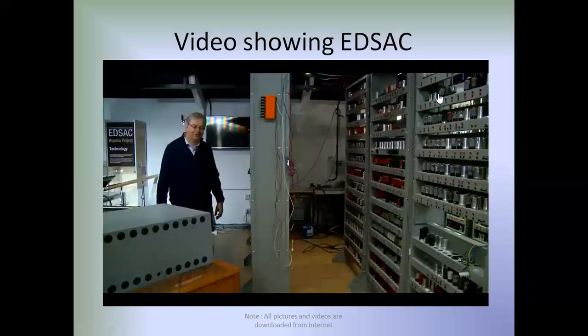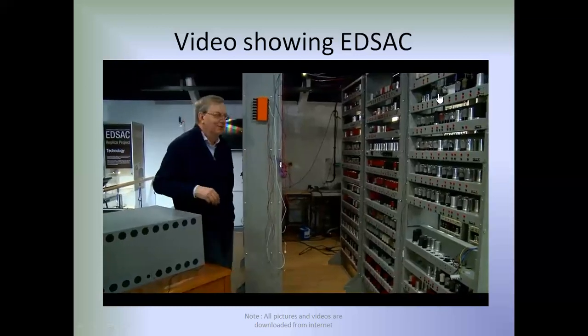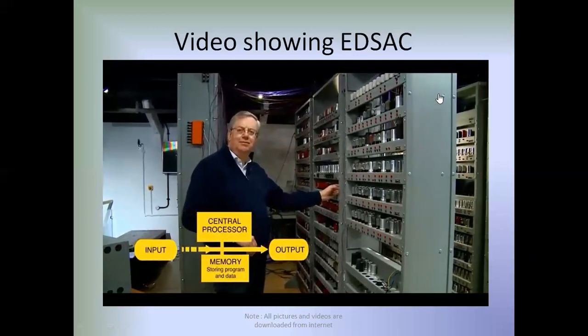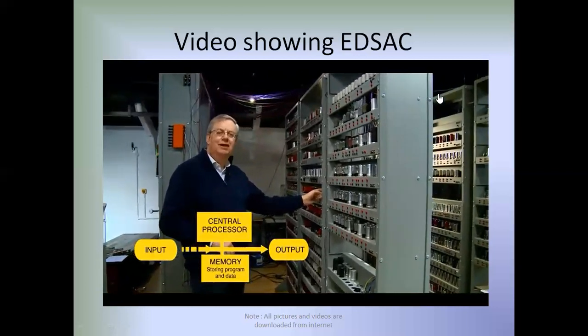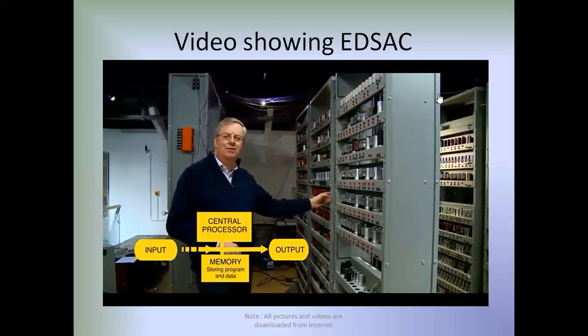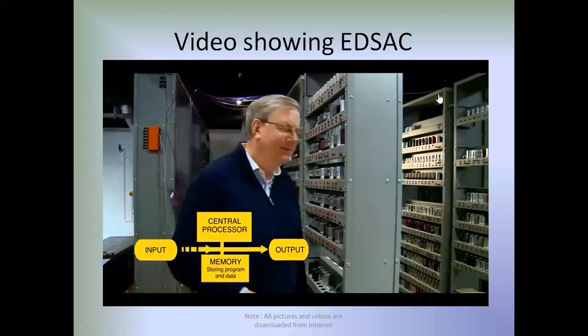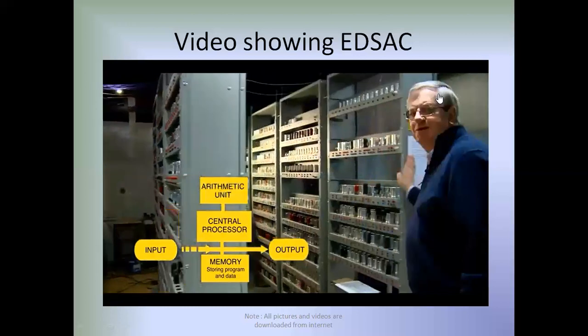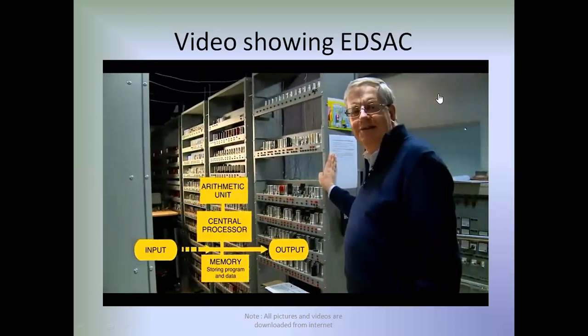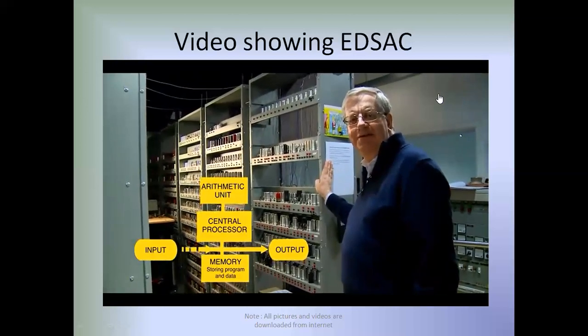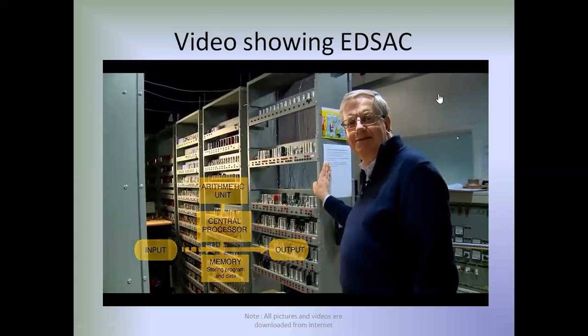Let's move from the front of the machine to the next row, which is called main control. And just like the central processor in a modern computer, it fetches instructions from memory, decodes them, and sends data through to the next row, which is called the arithmetic unit, and has the circuits that know how to add, subtract, and multiply numbers to carry out the user's calculations.